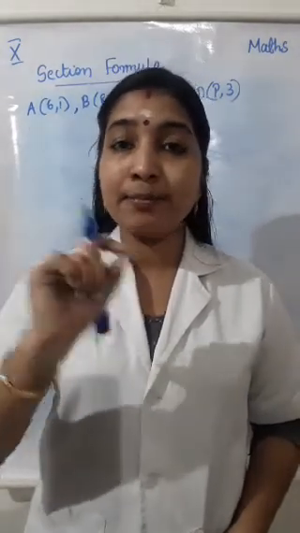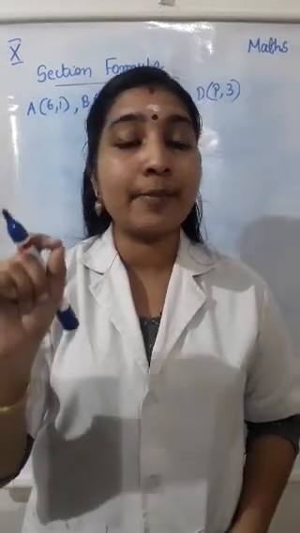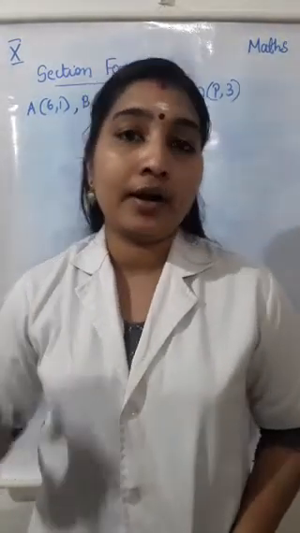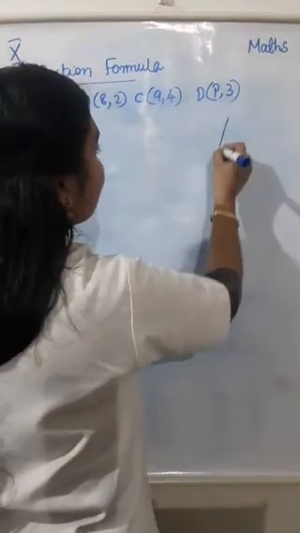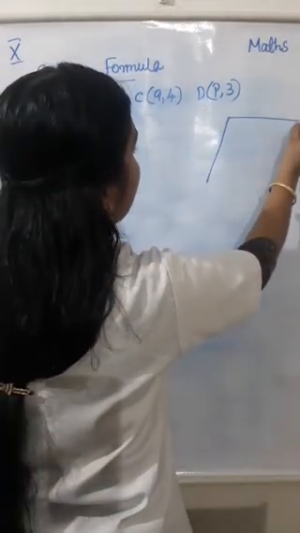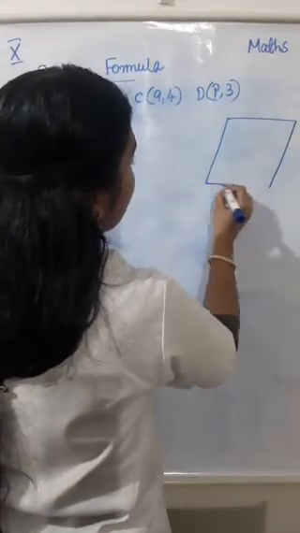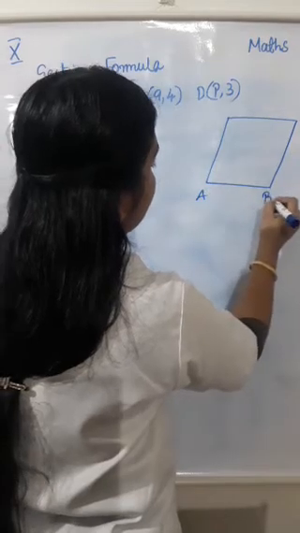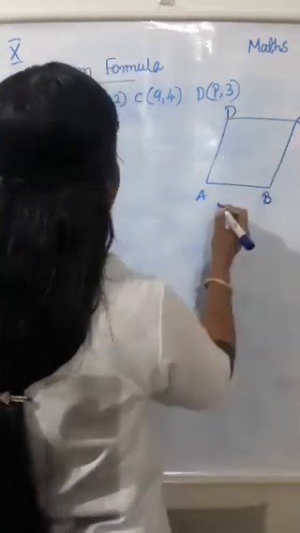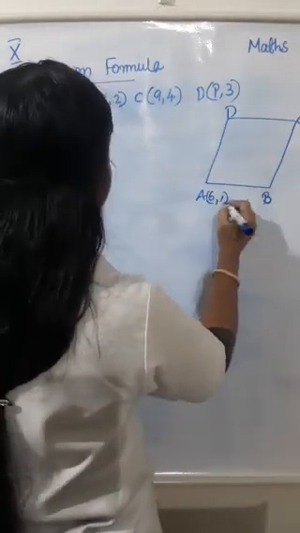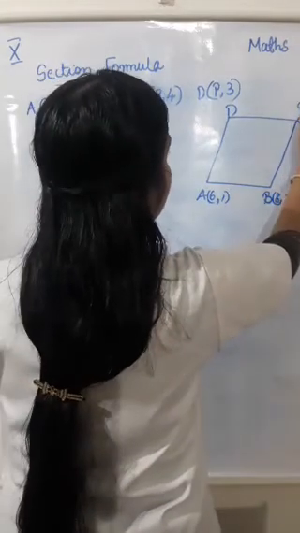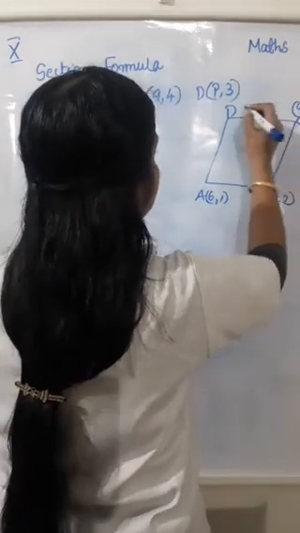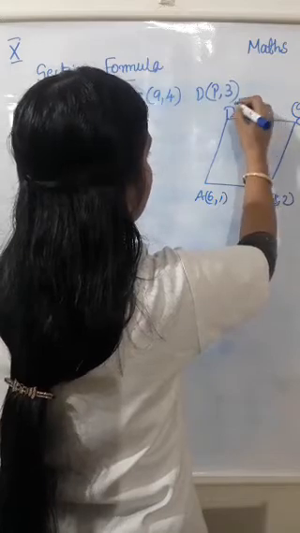So first draw a rough figure of the parallelogram ABCD: A (6,1), B (8,2), C (9,4), D (P,3).